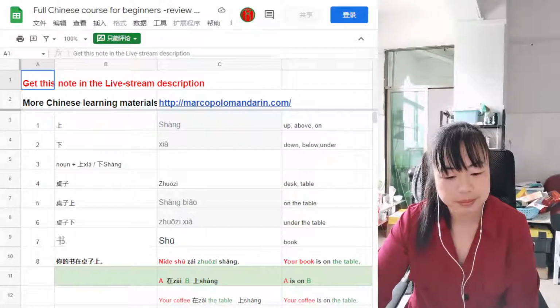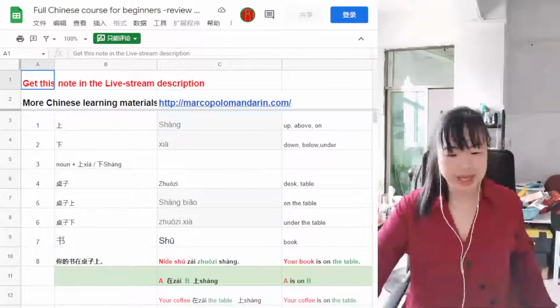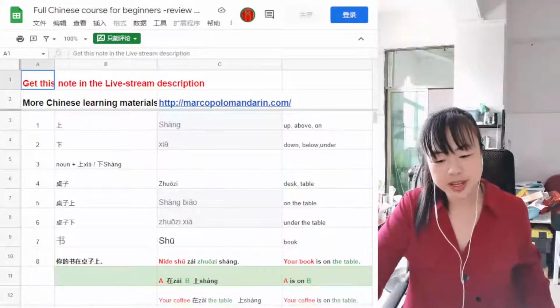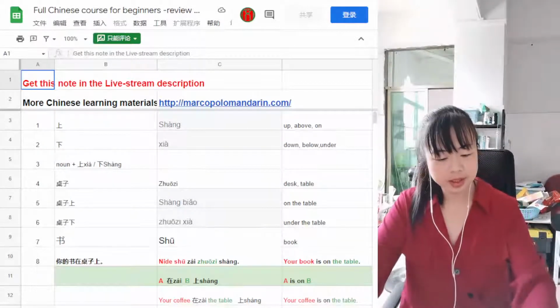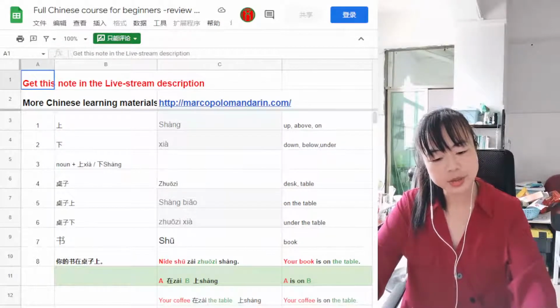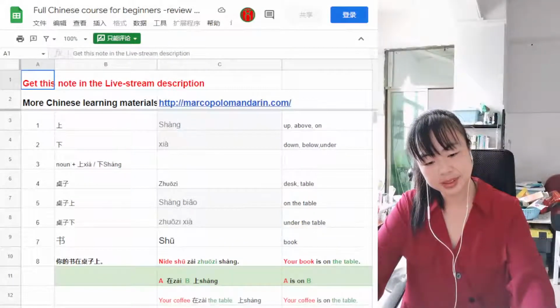Now, let's go. A, it's your cell phone, right? So, step two, put those English words in the right order according to the Chinese pattern. And then 在, which is black.